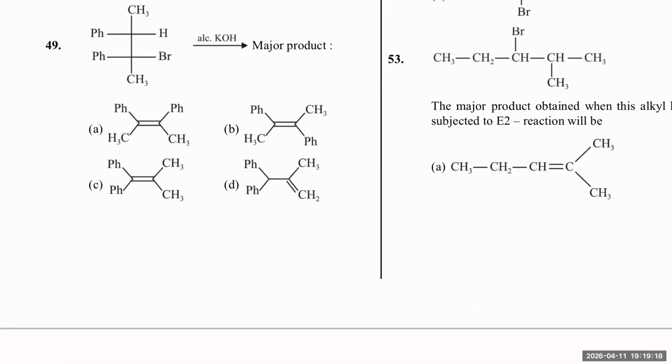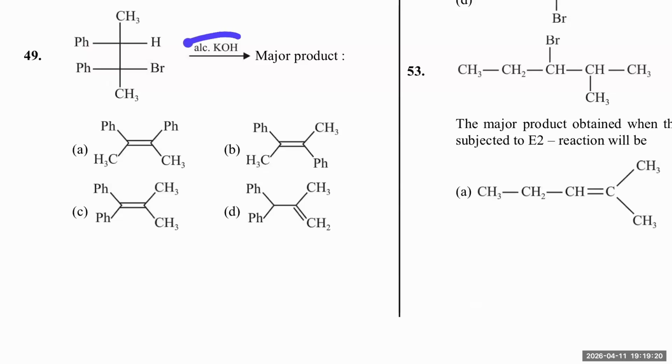Okay, next. Check out here. Now, alcoholic KOH, we need to find the product. You know that alcoholic KOH is an anti-elimination. And see how hydrogen and bromine are aligned. These two are on the same side, which makes it erythro.